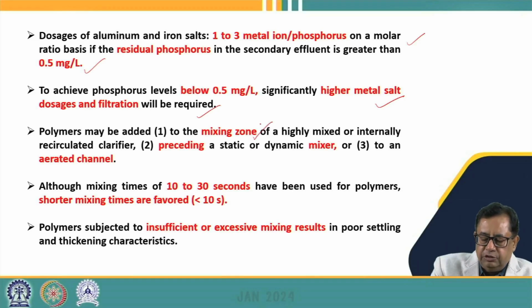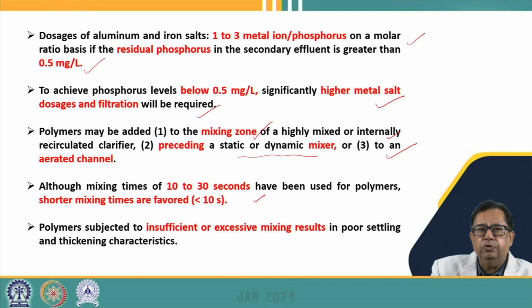We should always try to add the polymers in the mixing zone where the rapid mixing is taking place, or, if we are adding to a clarifier, one with internal recirculation, or we should go for static or dynamic mixers before the precipitation process. We can also add the polymers to the aerated channel where the mixing may take place, because we know that the mixing time is generally 10 to 30 seconds.